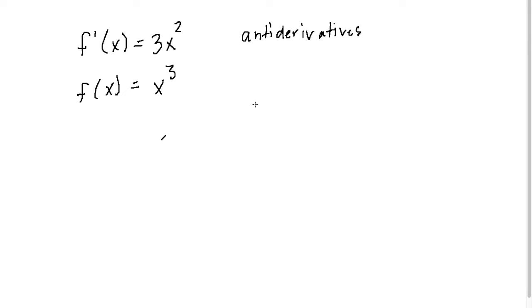We'll first need to use a new notation to really talk about antiderivatives. Because we're not always going to start with the derivative and try to find the original function. We might start with an original function, let's call it f of x. And from there, going up a level, we can find its antiderivative, capital F of x. So this is the original function. If you find the antiderivative, you go up one step.